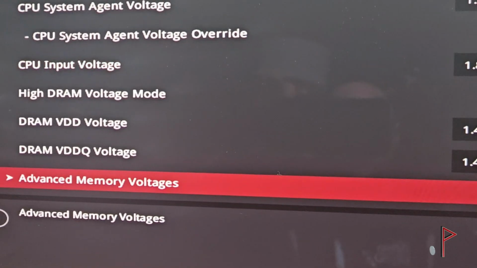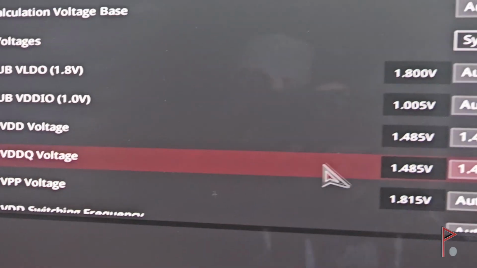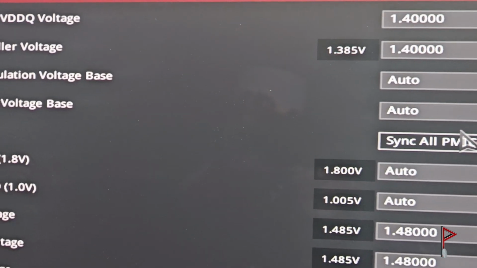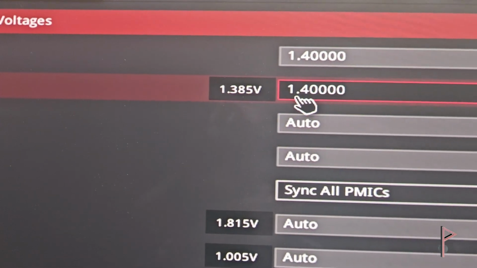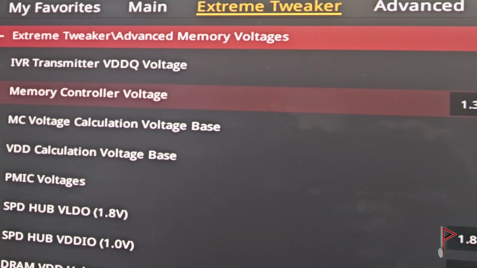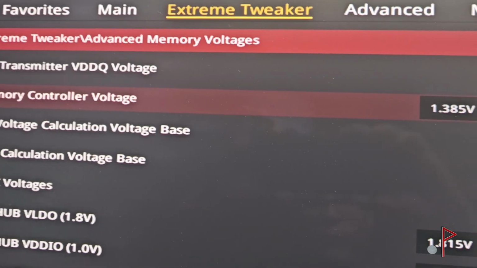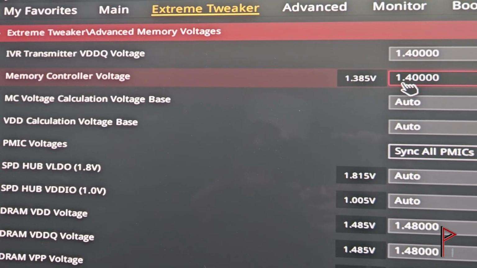Before I talk about DRAM VDDQ, I just want to go real quick up here to the CPU VDDQ, which, I guess I'm just now discovering that I had adjusted this a little bit earlier. I've got 1.4 for the memory controller voltage, 1.4 for CPU VDDQ.